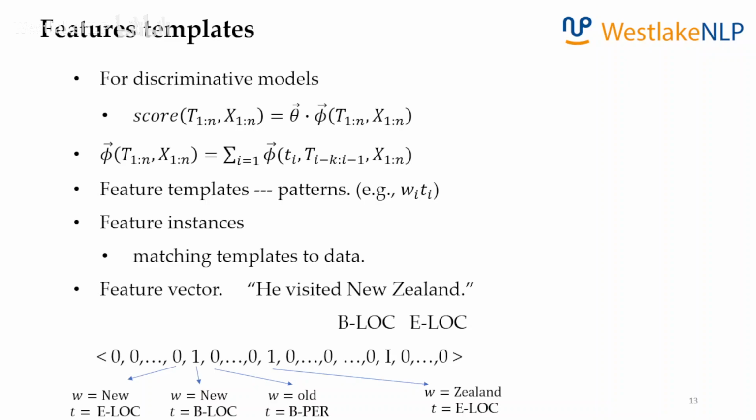And when you extract features, if the feature template is w_i and t_i, the current word and current tag, you can get this large sparse vector, right? Where New being tagged as the beginning of a location has the relevant element as 1. But New having the end of a location, or the beginning of a person, are both zeros because they don't fire.